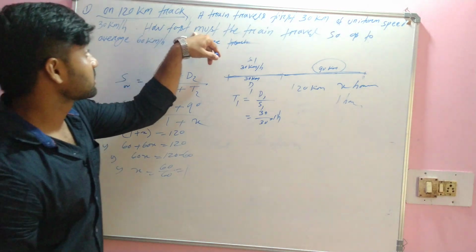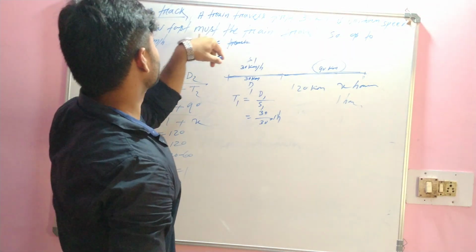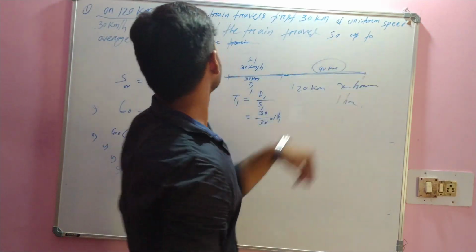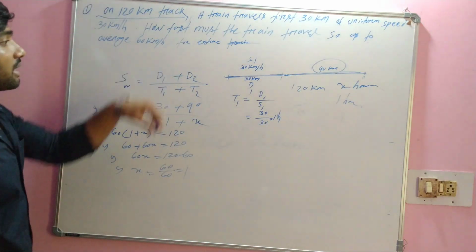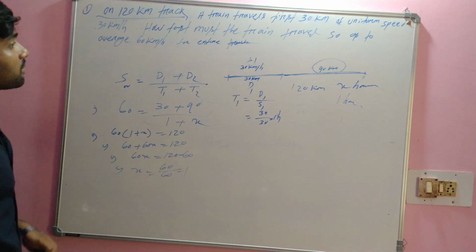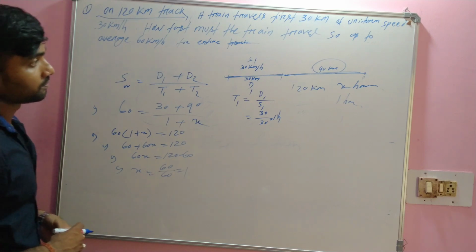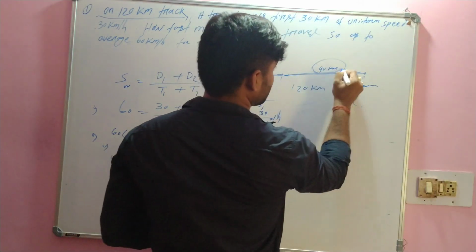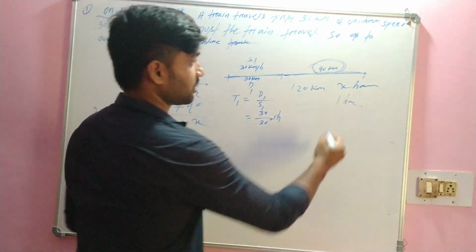Well, how fast must the train travel so as to average 60 kilometers per hour? Distance and time are given.